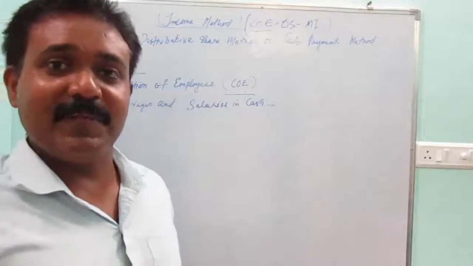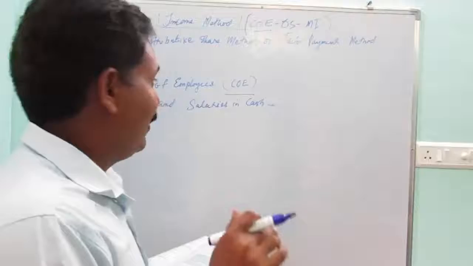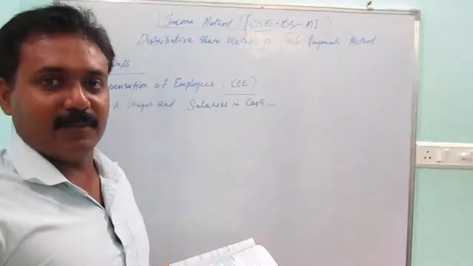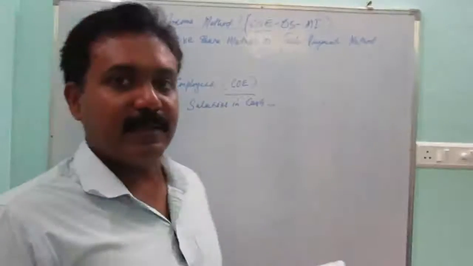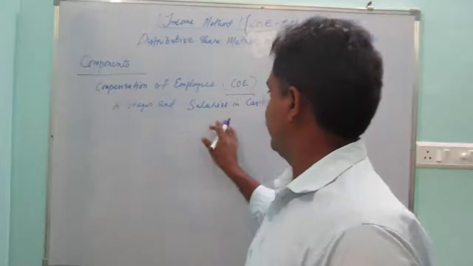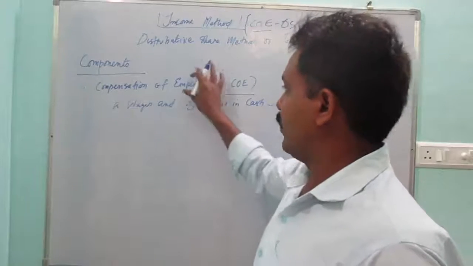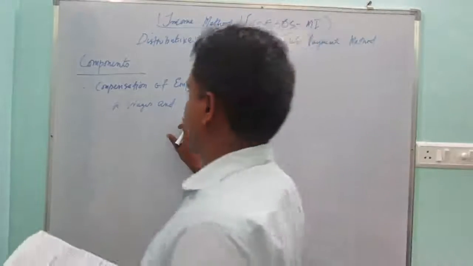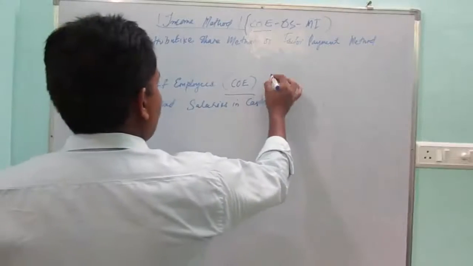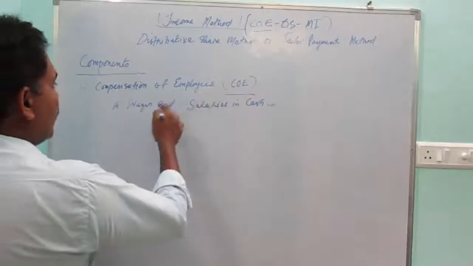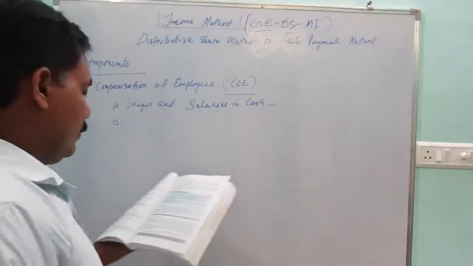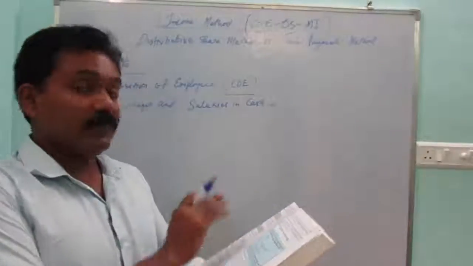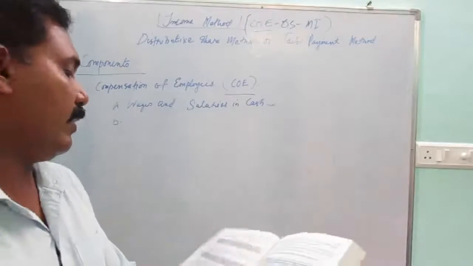When I tell something, many people will not take it into attention. You see here, wages and salaries in cash. First thing, compensation of employees, first part. In some cases this will be given directly, sometimes not directly, and some parts will be given.